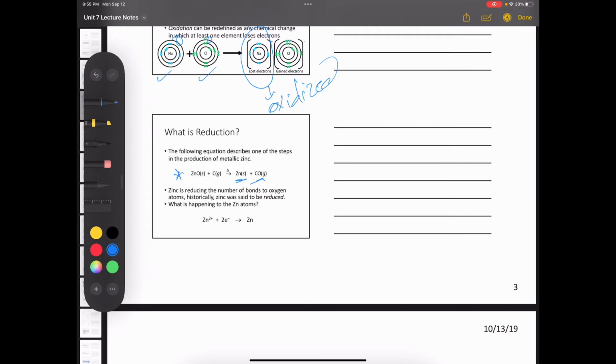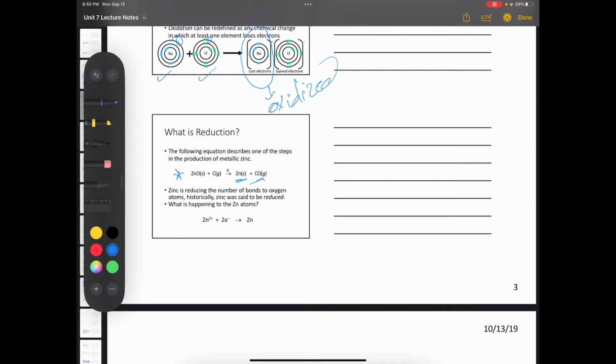Based on this definition, we can see that the zinc oxide no longer exists. The zinc lost the bond with the oxygen, so the number of bonds of zinc with oxygen has been reduced. That's why zinc is considered a reduced substance in this case. Zinc is reducing the number of bonds to oxygen atoms.